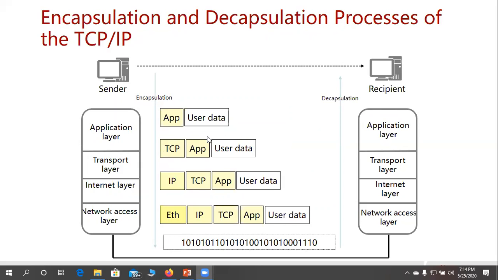So this is called what, if you remember? It's called a segment. And then here, we are going to add an IP header again to this. So once we have added the IP header, this process of adding is called encapsulation. And this now is called a packet, all of it. And then here, we add Ethernet, you see? It will now be called a frame.